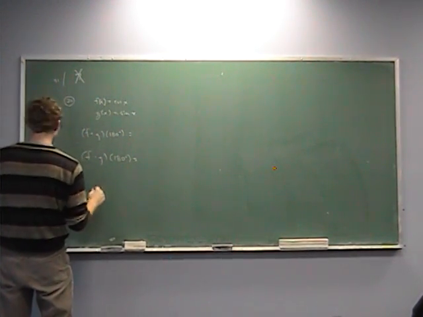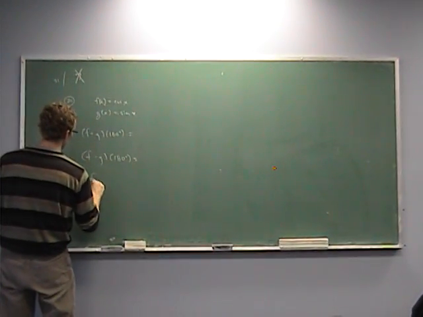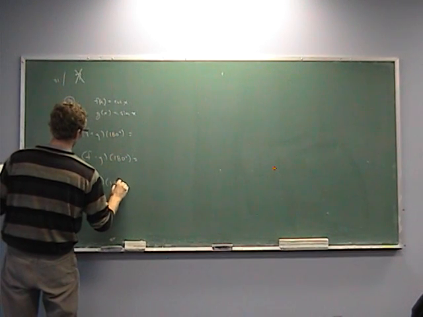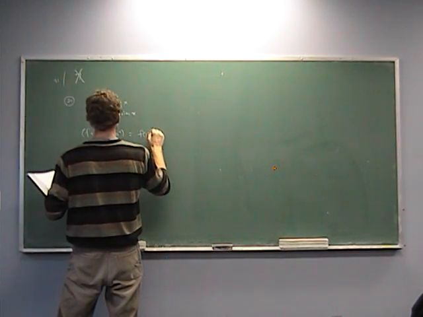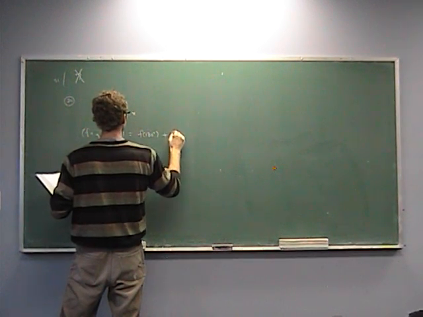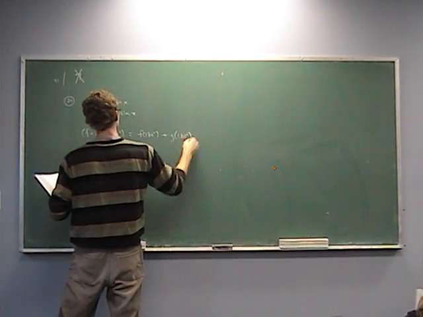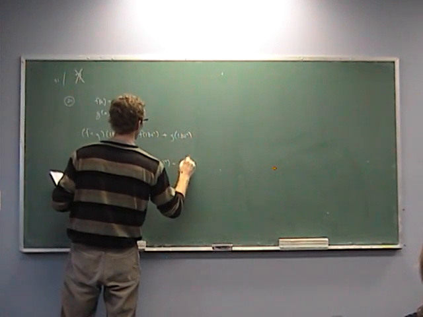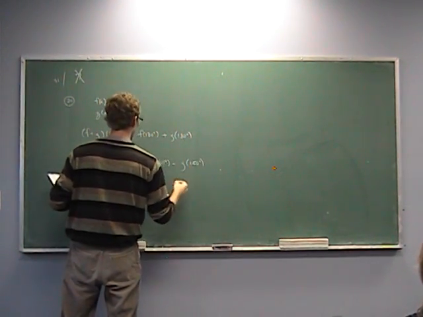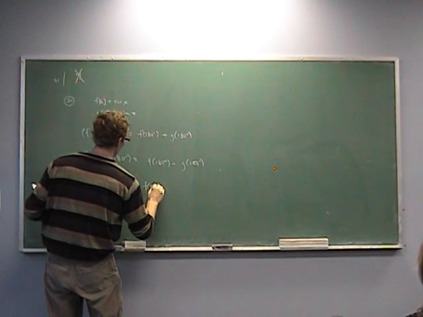And then we're going to do f times g of 180 degrees. So in every case, we're going to have to find f of 180 and g of 180.